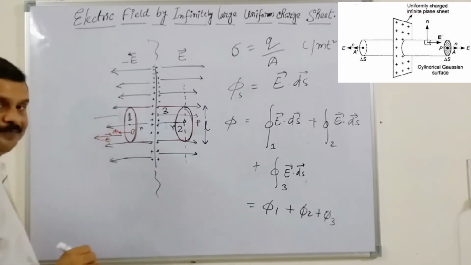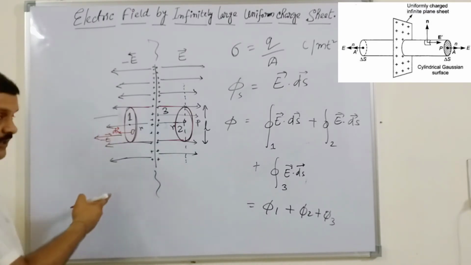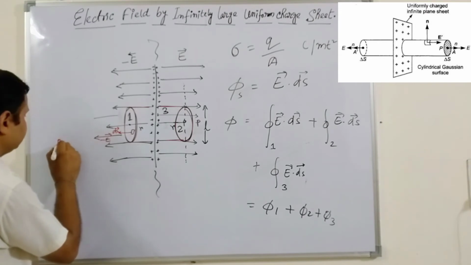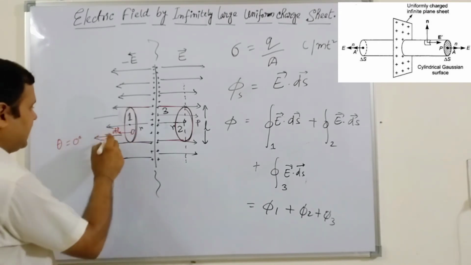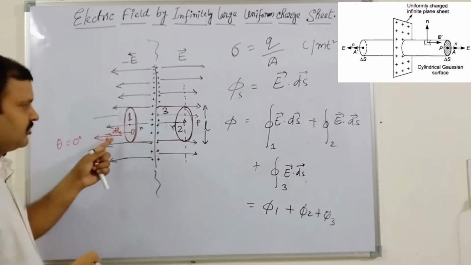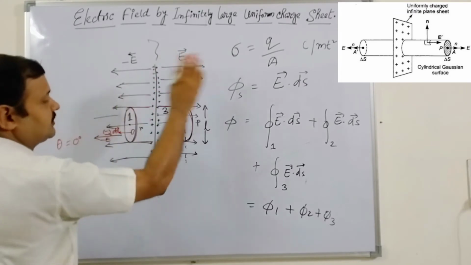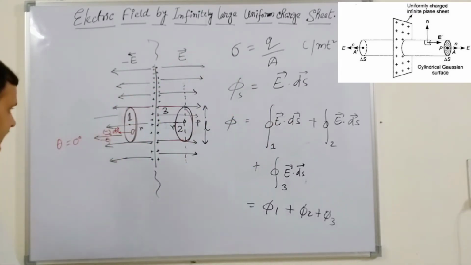So the angle between these two, theta, is 0 degrees because they are parallel, right? And the area vector is also negative because this is the left side of your reference point. If you consider the positive side, this will be the negative side. So dS is also negative, right?